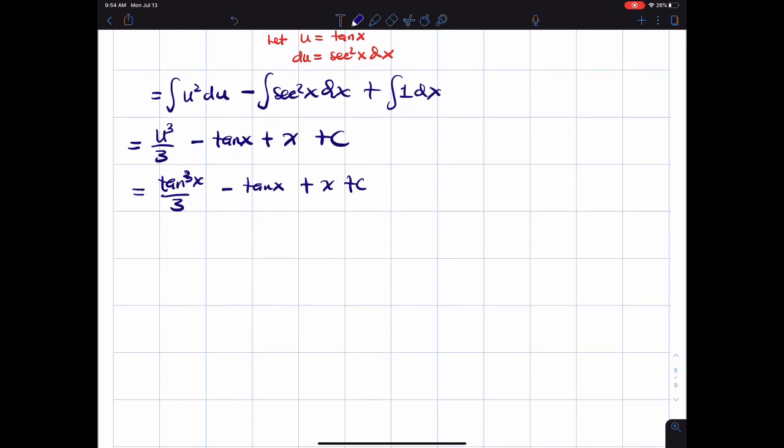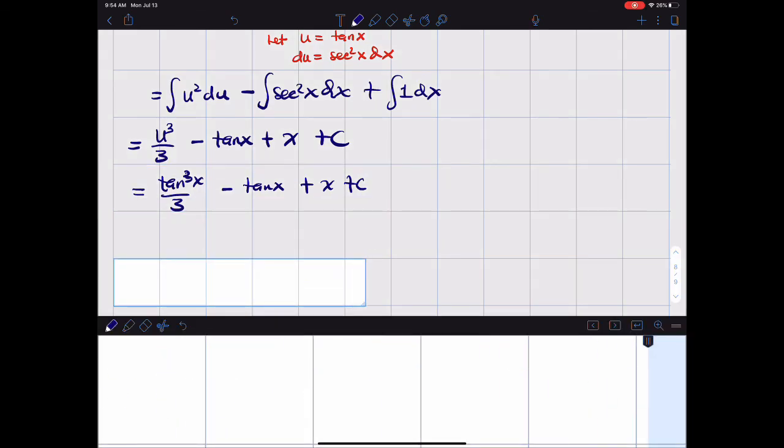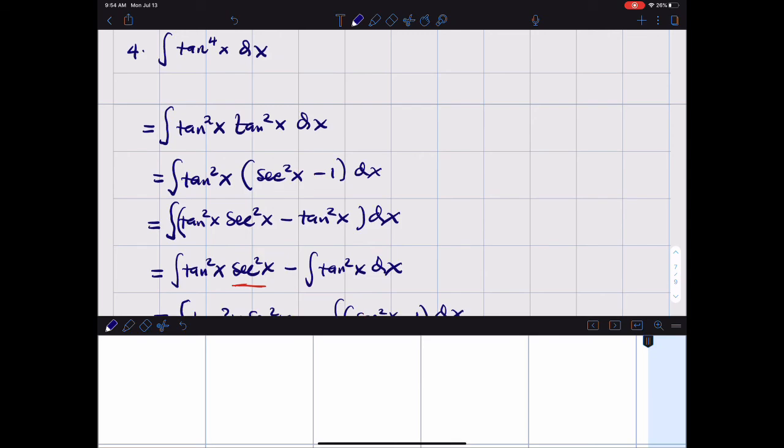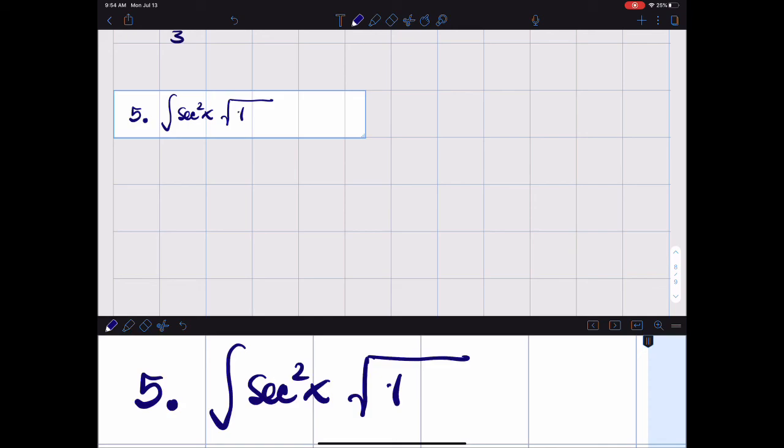Okay. I'm going to look at one more problem, and I'm going to let you finish it. Was this number 4? So let's call this number 5. Number 5: integral of secant squared x times square root of tangent of x dx.